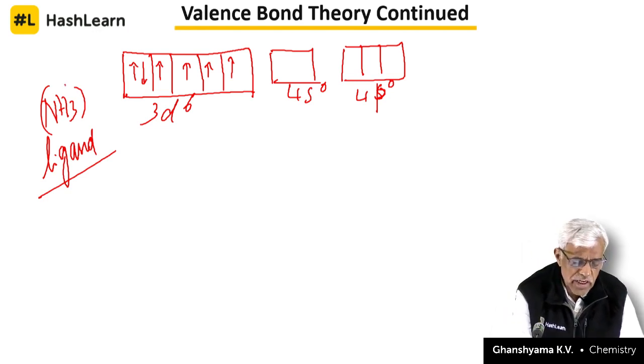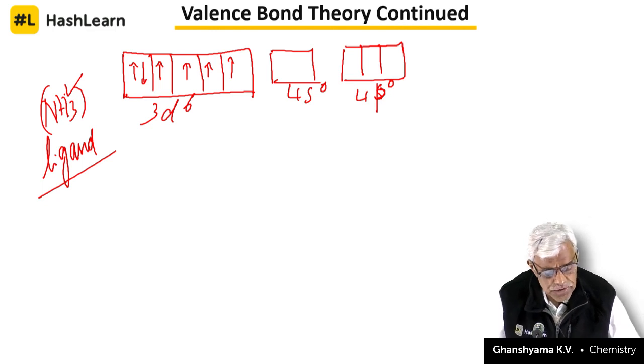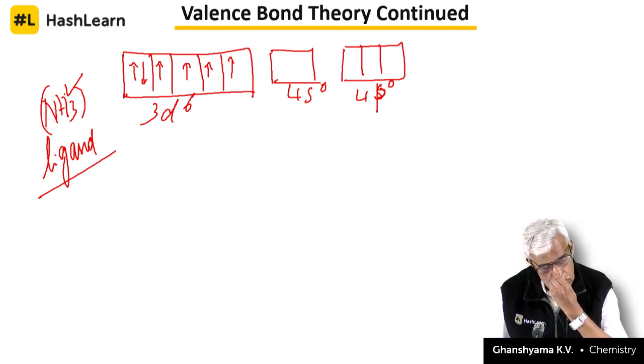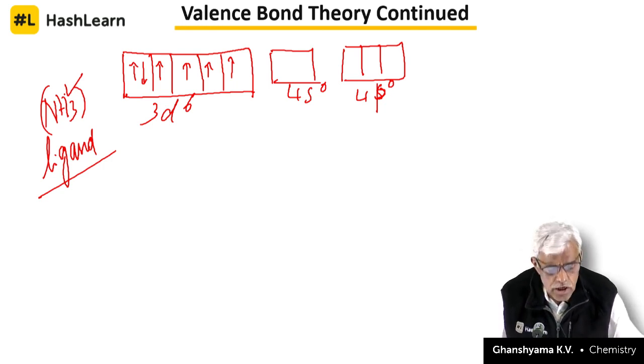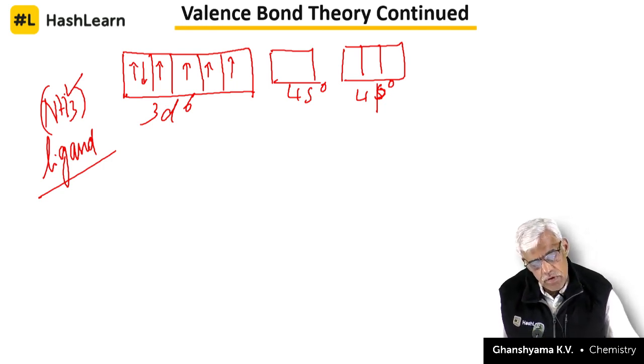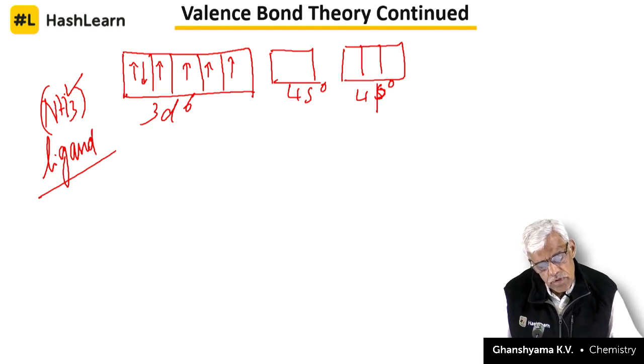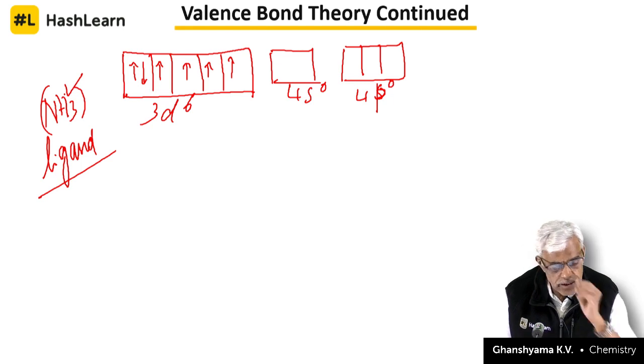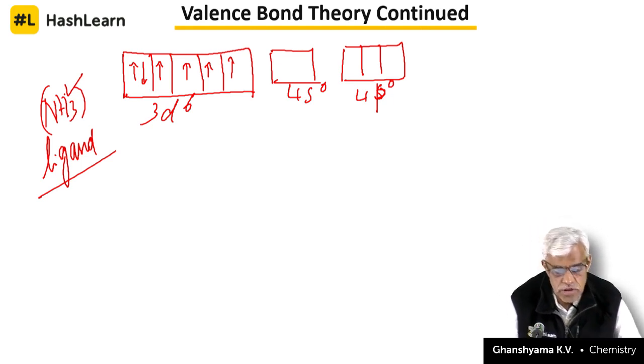When this ammonia ligand approaches cobalt, the cobalt ion behaves in a peculiar manner against Hund's rule of maximum multiplicity.